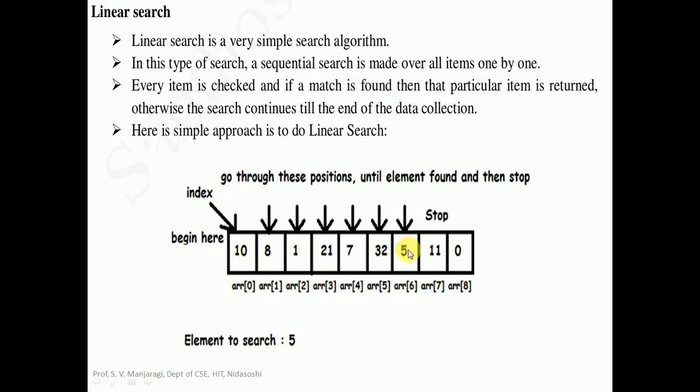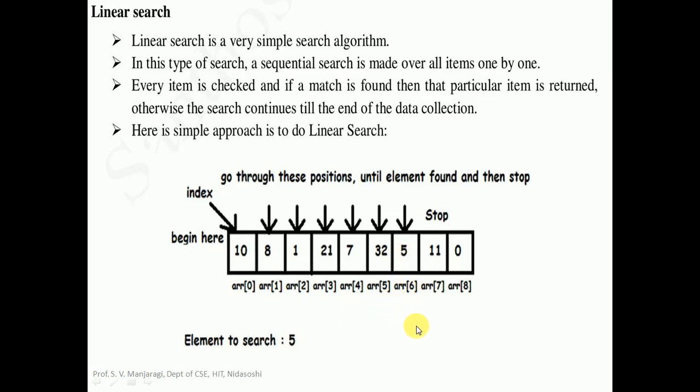The position of the element 5 in the array is 7th, but its index is 6, because array index starts from 0. The position is 1 more than the array index, so it will be 7. We need to print that the element 5 is present at position 7. So that is the simplest linear search technique.